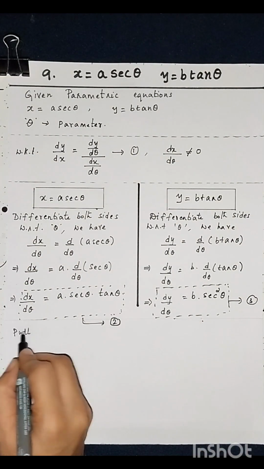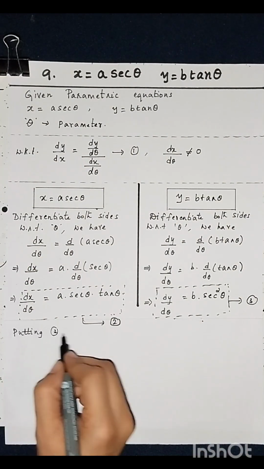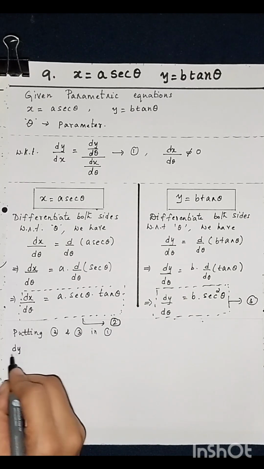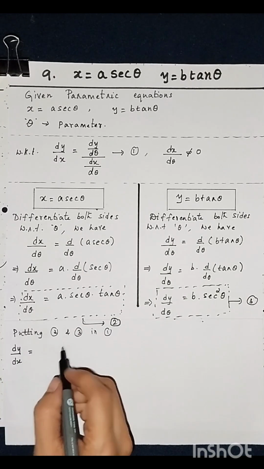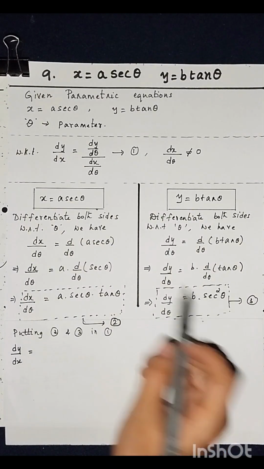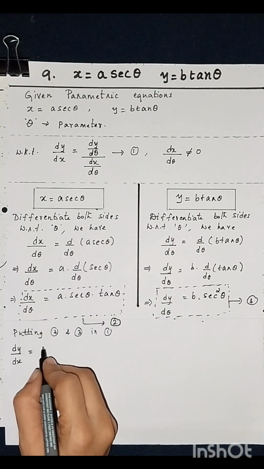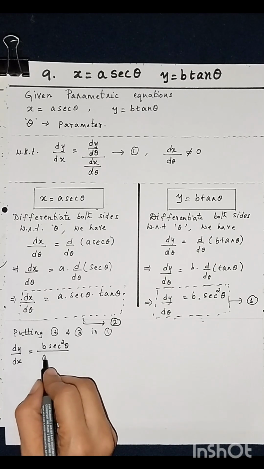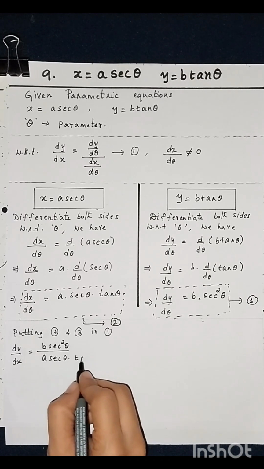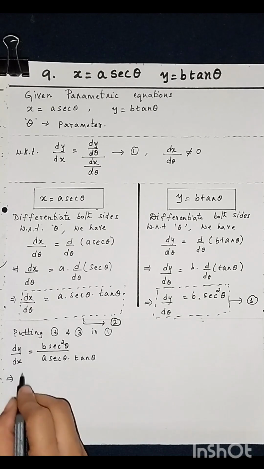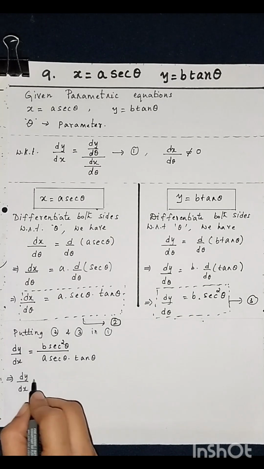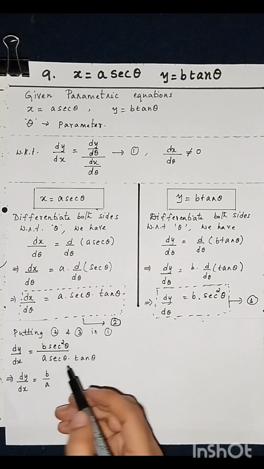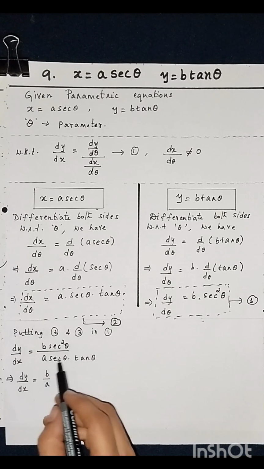Now putting 2 and 3 in 1, dy by dx is equal to, first we write this dy by d theta. So we will write b secant square theta divided by a secant theta into tan theta. So this implies dy by dx is equal to b by a, and secant square theta will get cancelled.